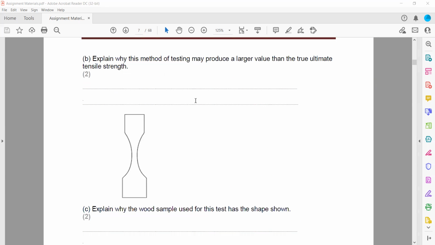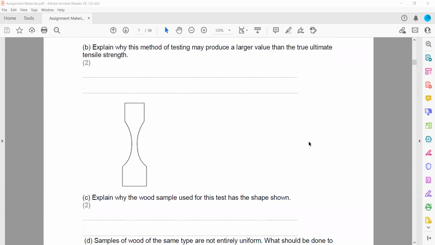So every time the mass added is 2 kg, we don't have any result in between. Maybe it might break within the 2 kg addition. So that's why it won't be accurate.